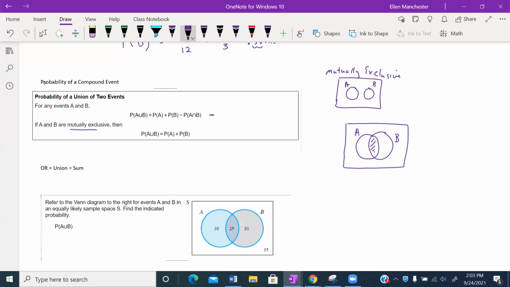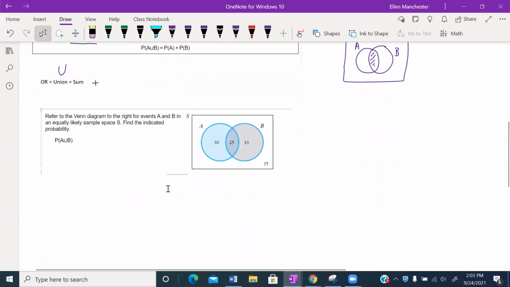So remember union. Union is this symbol. Union is used when you use the term or, and we're looking at the sum. Remember, sum is the answer to an addition problem. Okay. So you're going to see a Venn diagram like this in one of your MyMathLab questions. It's pretty straightforward.